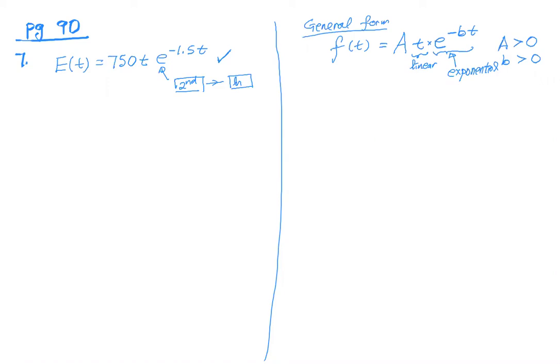Okay. So you go to window, you put your X minimum as 0, and your X maximum as 2.5. Then you do a zoom fit.